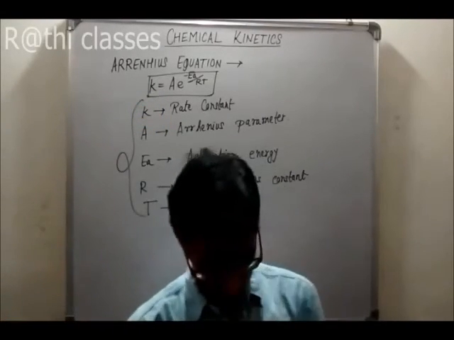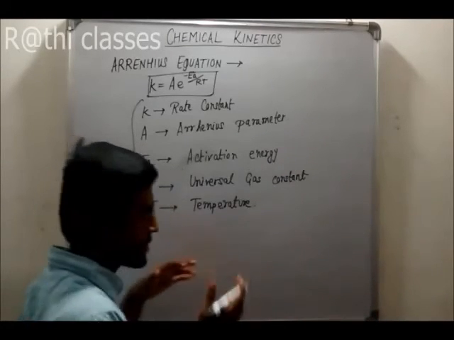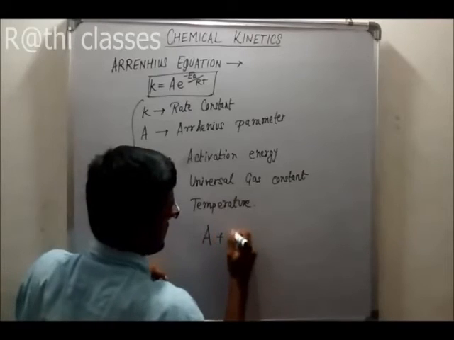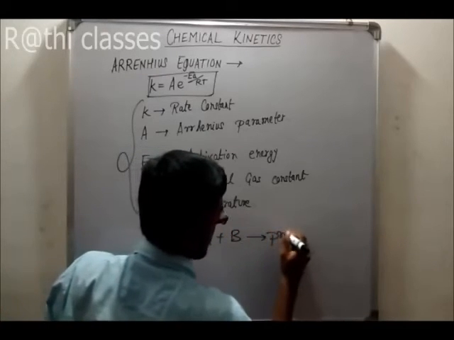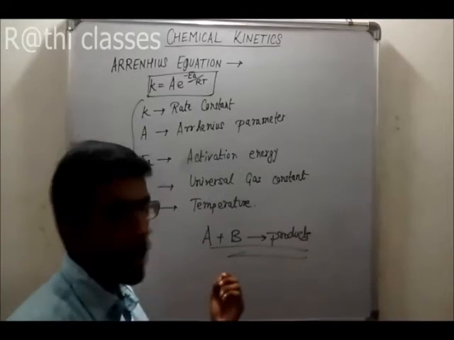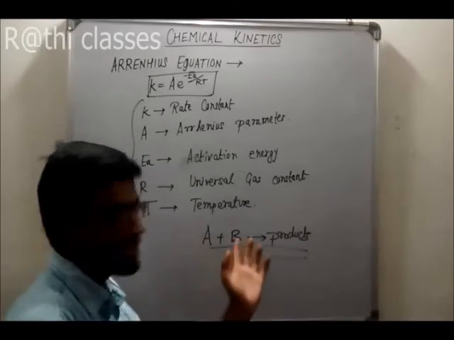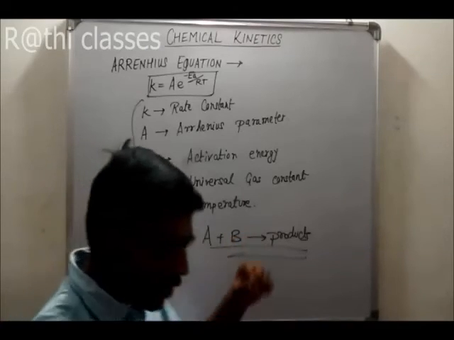Arrhenius said that we know how chemical reactions proceed. Suppose this is a reaction A plus B giving products. Any reaction proceeds due to collisions.